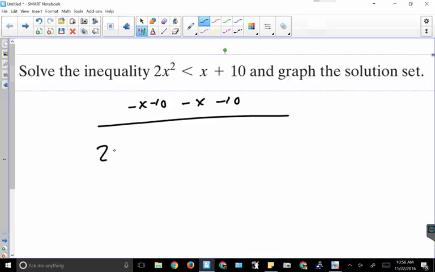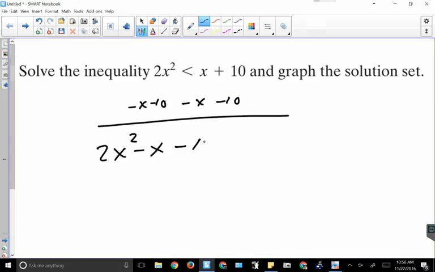So it leaves us with 2x squared minus x minus 10. It has to be less than 0.